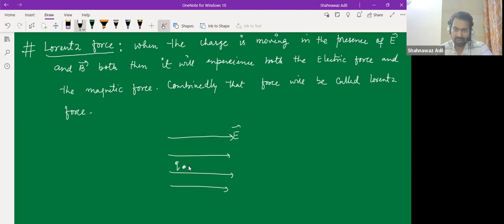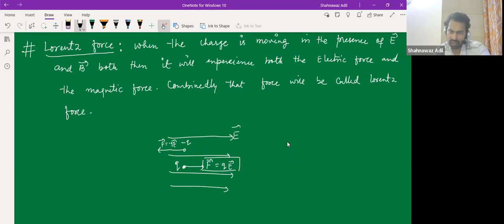Okay, you guys have forgotten. Are you guys not revising? So it will experience a force in this side, which is QE. Now you remember? If we have a negative charge, it will experience a force in this direction, which is minus QE. So this was the electric force.